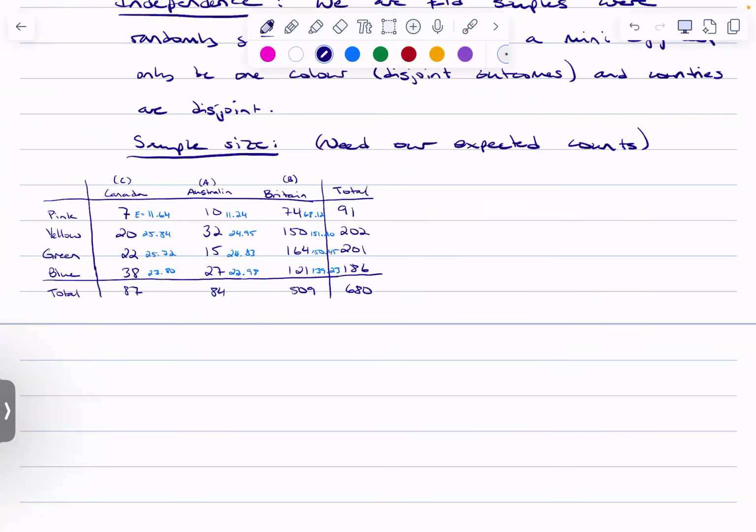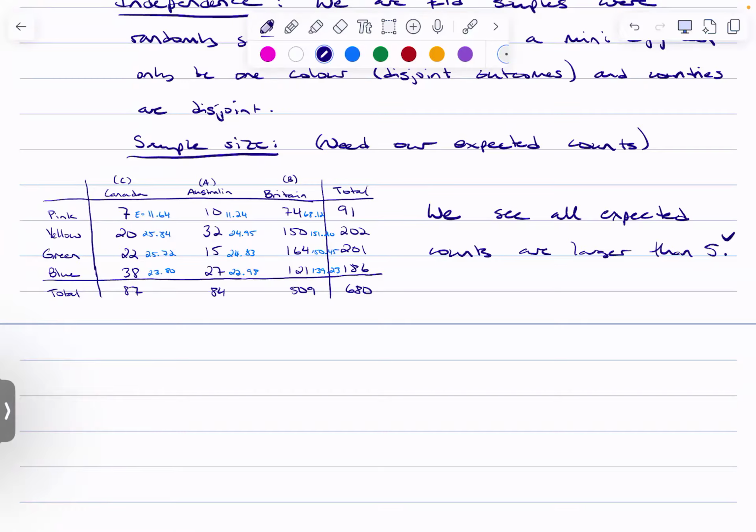That will be the case, but we need to know that we need to check that. We see all expected counts are larger than 5, which is good.